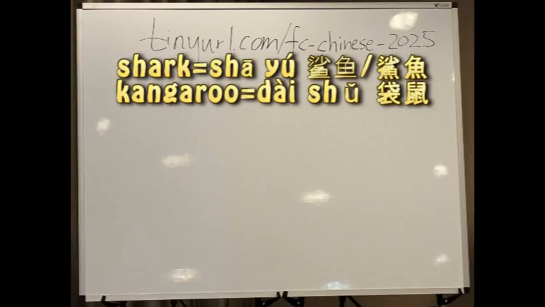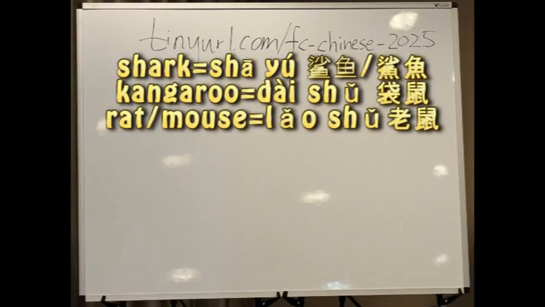Okay, since we have 袋鼠 here, let's look at 老鼠. It's the same 鼠. That's rat or mouse; we don't distinguish them. But you can see somehow we think kangaroo and mouse are both 鼠, kind of.